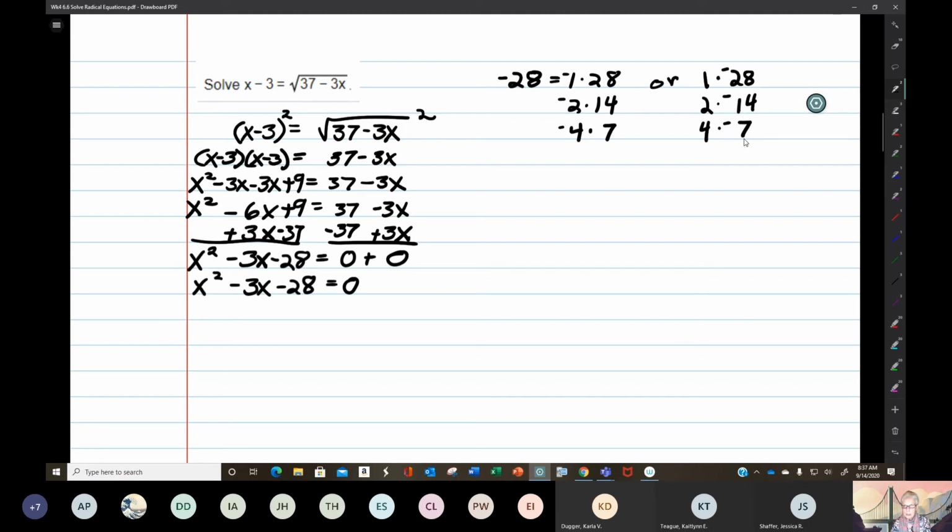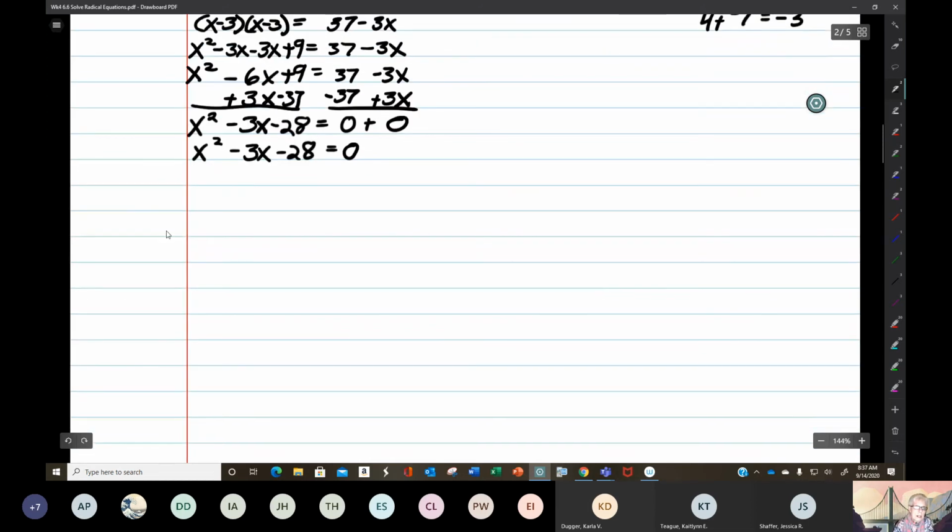Okay. So now, I need the two numbers that will add up to negative 3, and here they are. 4 plus negative 7 equals negative 3. So I will come over here and I will factor.